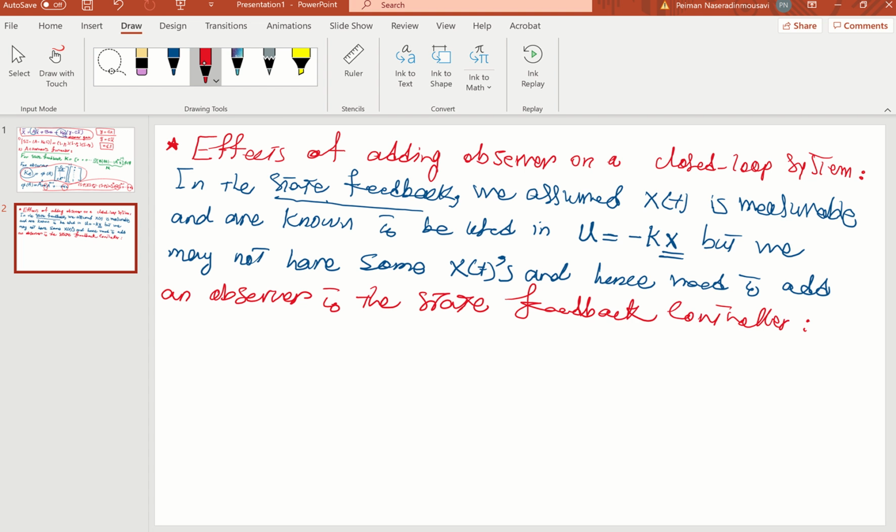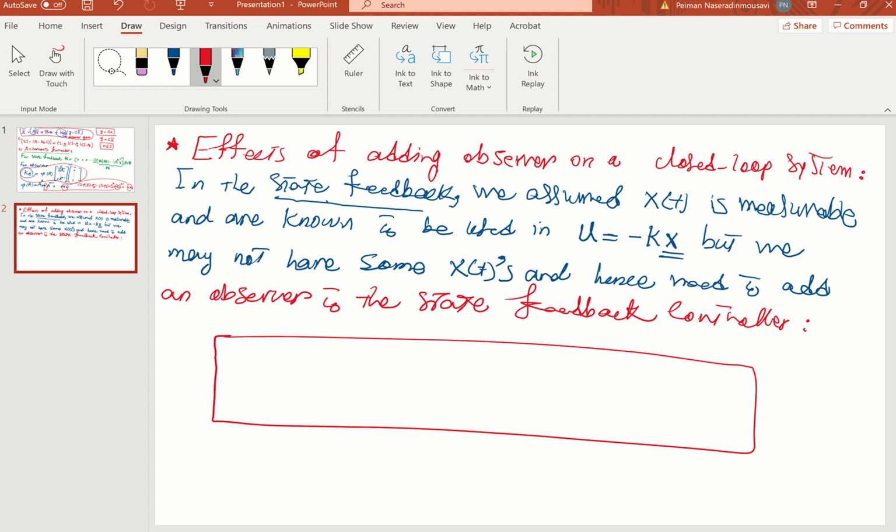So that's why, as a control engineer, you're going to have state feedback in your coding, and in reality, plus an observer.